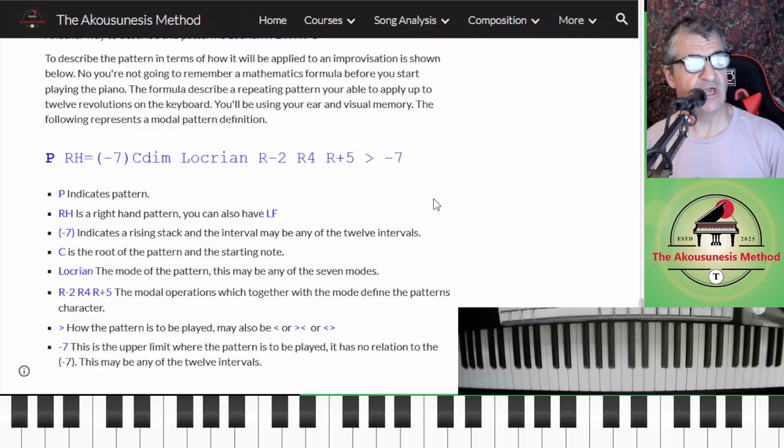And although you're looking at it and going, we're not going to be thinking mathematics when we're playing. But once you understand what this actually means, it's actually quite a visual thing. And we rely a lot on visualization to work with our theoretical knowledge.